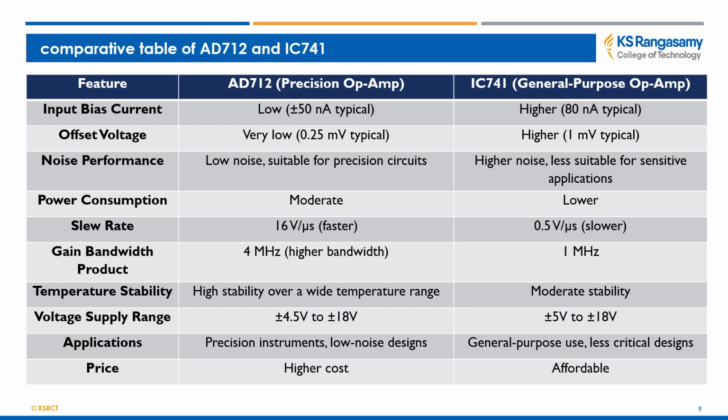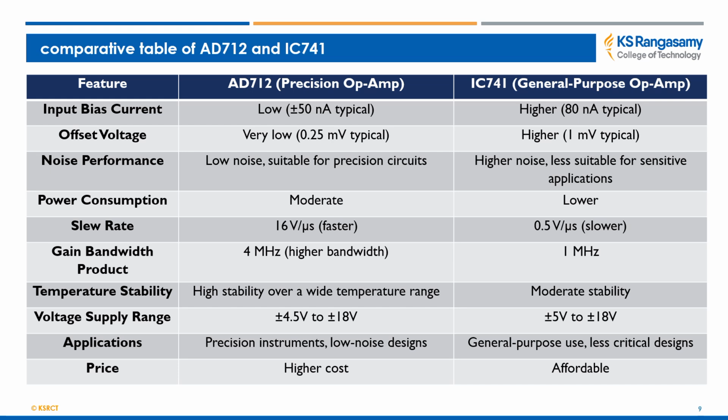Sorry. Gain bandwidth product: 4 megahertz in AD712 and 1 megahertz in IC741. Temperature stability: high stability over a wide temperature range in AD712, moderate stability in IC741.